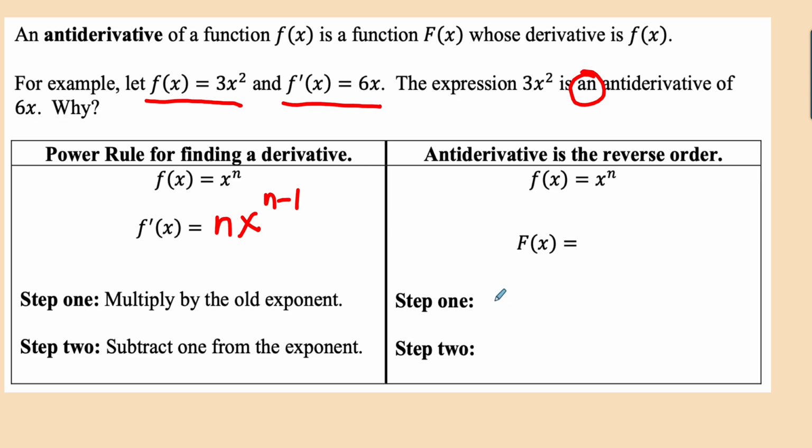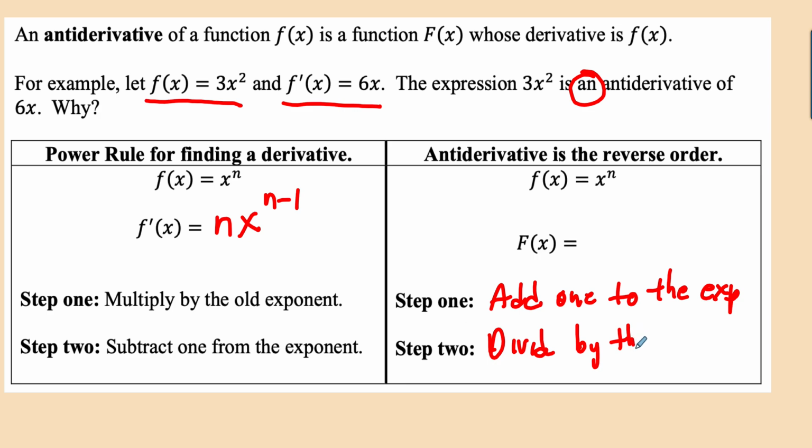So what we're going to do is add 1 to the exponent, and then divide by the new exponent. So in this case, we're going to go up a power, and then divide by that same new power. And if we want the whole family, we'll write plus c.